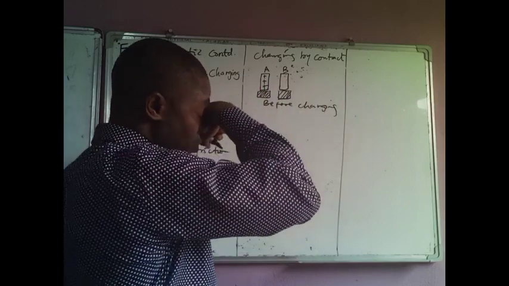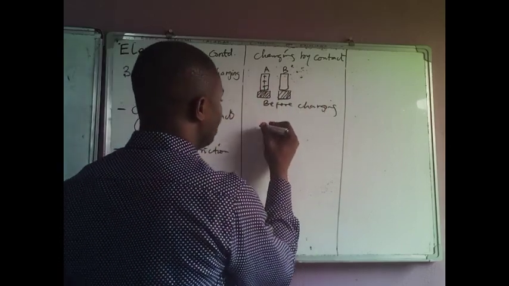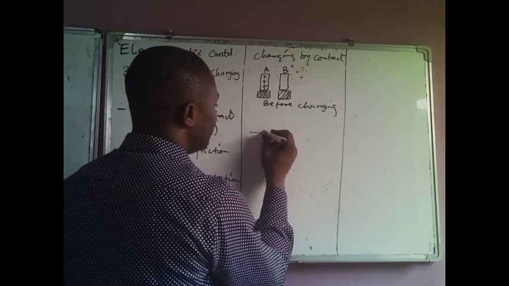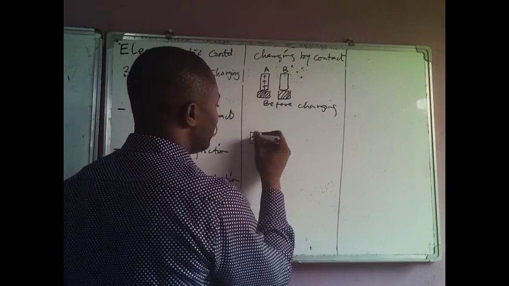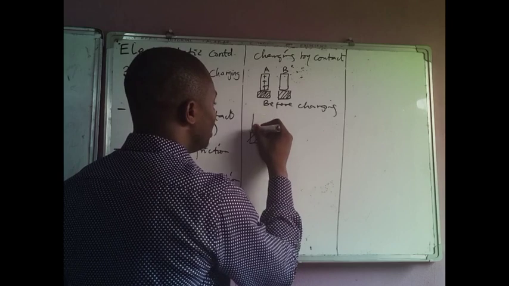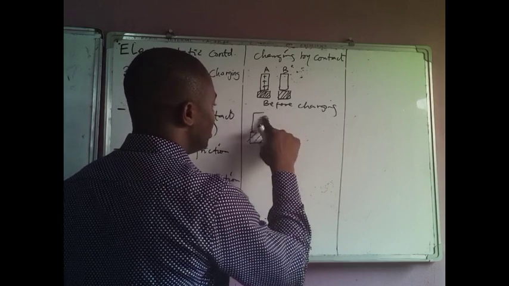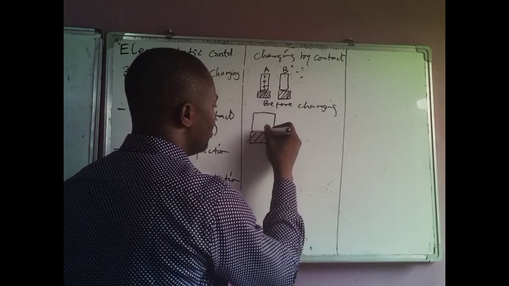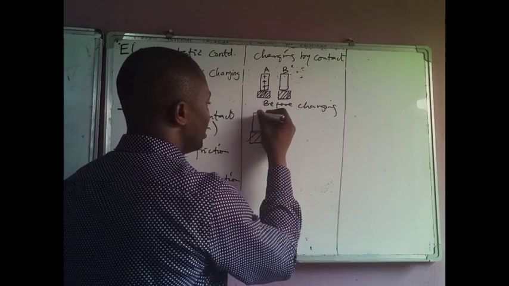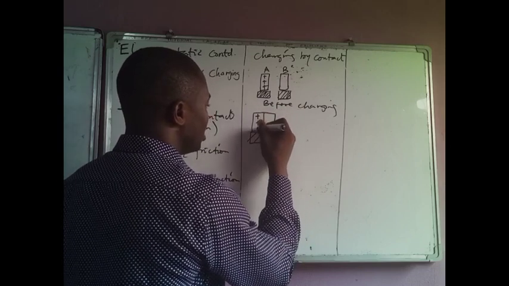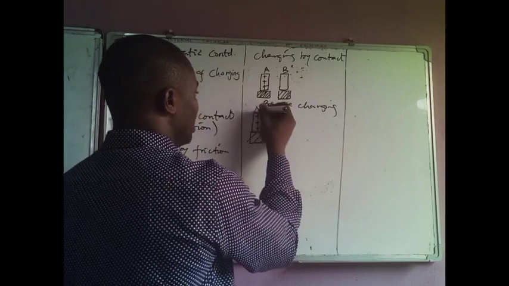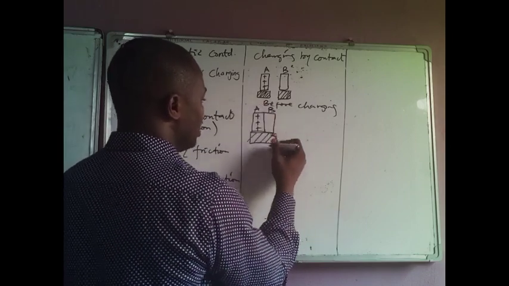Now, during charging, body A and body B are in direct contact, and body A is positively charged. This is body A, this is body B. This is during charging.